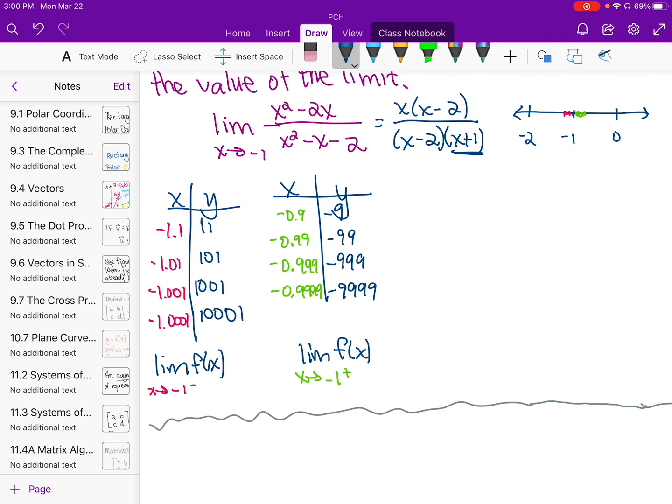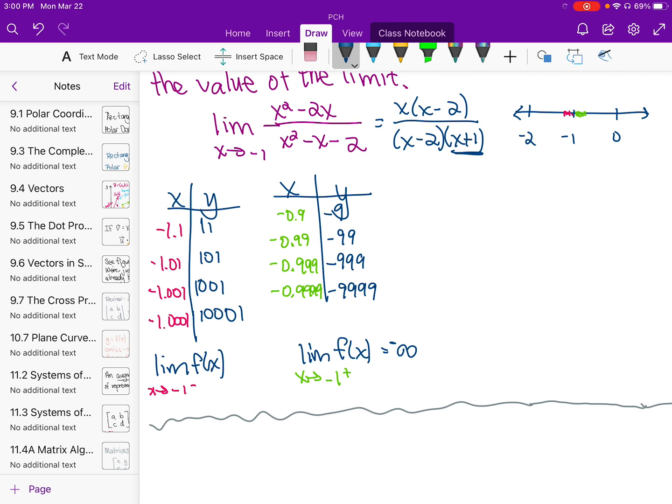So if my x value is negative 0.999999999 going forever, then my y value is going to be 9999999 going forever. It's going to be insanely large negative, right? So this limit is going to negative infinity. The closer I get to x, the larger negative the y becomes, right?